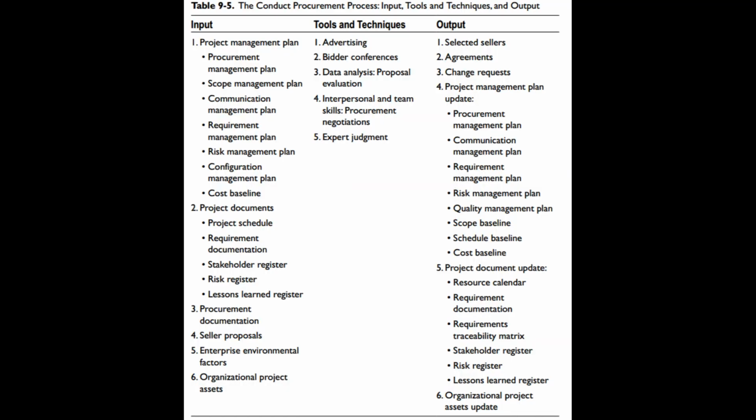Table 9.5. The conduct procurement process, input, tools and techniques, and output. Input: 1. Project Management Plan: Procurement Management Plan, Scope Management Plan, Communication Management Plan, Requirement Management Plan, Risk Management Plan, Configuration Management Plan, Cost Baseline. 2.